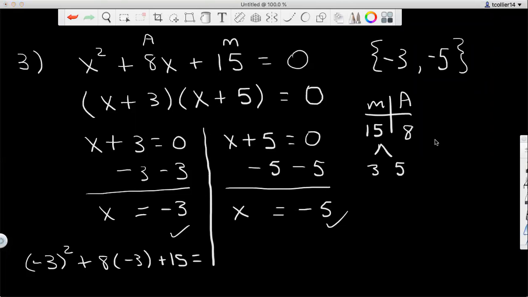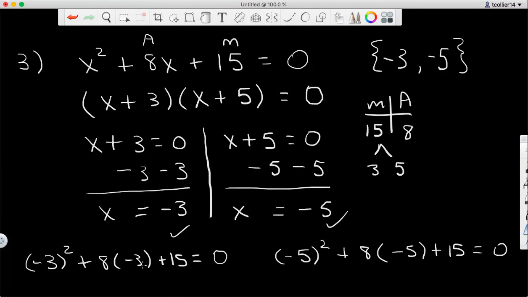And this line is in the way, so let me see if I can erase it. There we go. And then over on this side, I can put in the -5, and I get -5 squared plus 8 times -5 plus 15 equals 0.